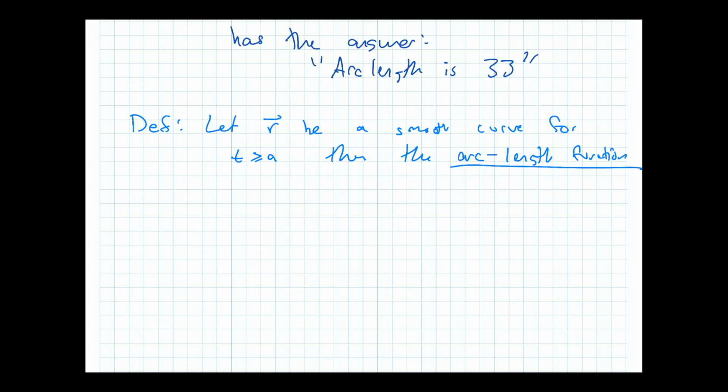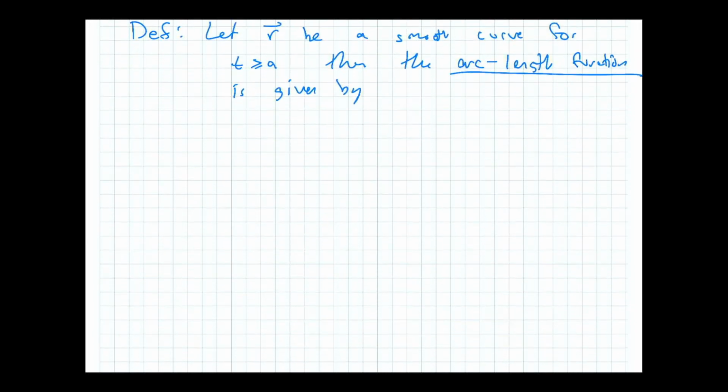The arc length function is given by s of t equals the integral from a to t of the magnitude of r prime of u du.